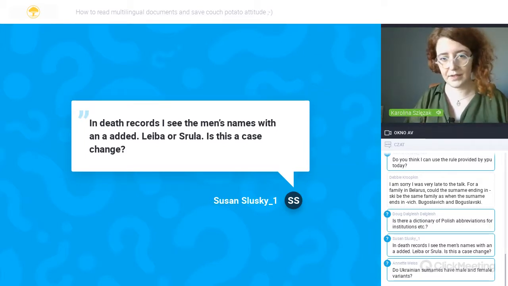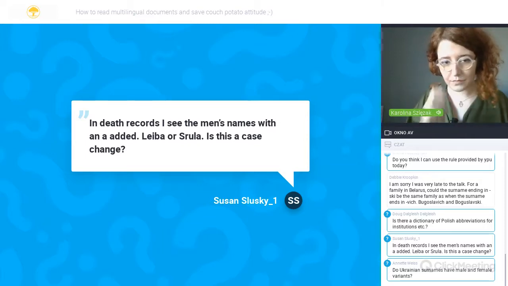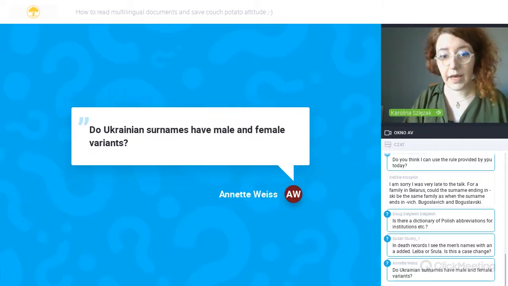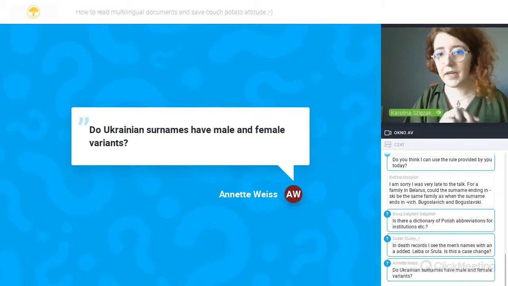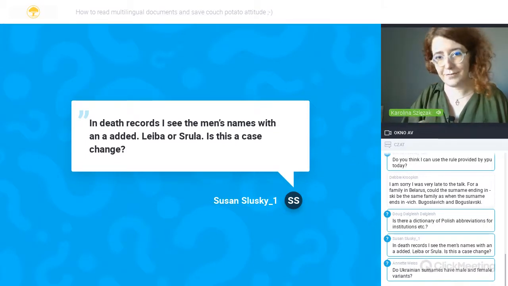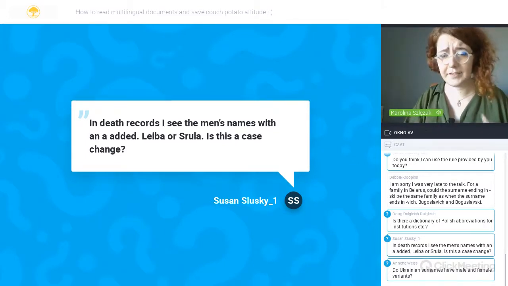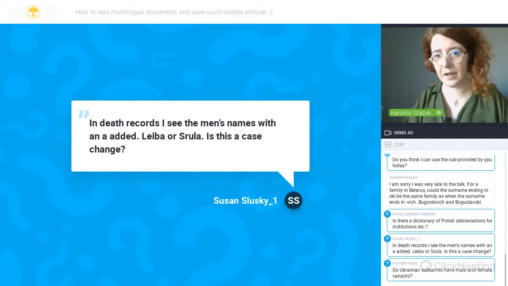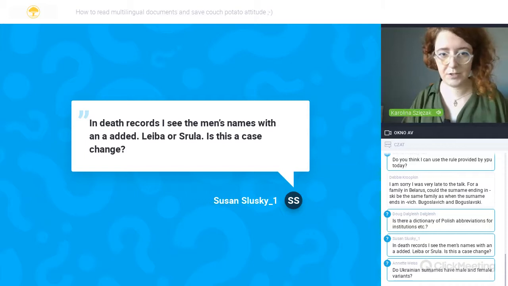So yes, this is the dative form. And by the way, you may find the same thing in the FamilySearch basic Polish for genealogy that was listed before. So yes.